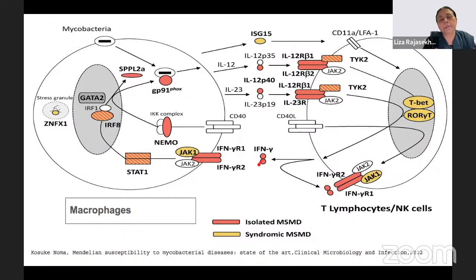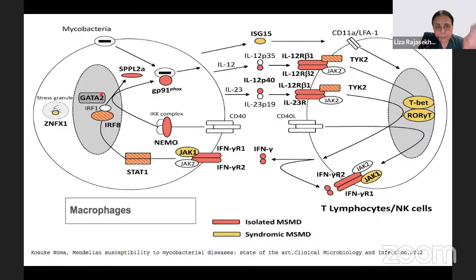And then the JAK1 and JAK2 attached to receptor 1 and receptor 2 of interferon gamma work through STAT. And this interferon activating factor complex leads to production of a lot of genes which are responsible for containing the mycobacteria.